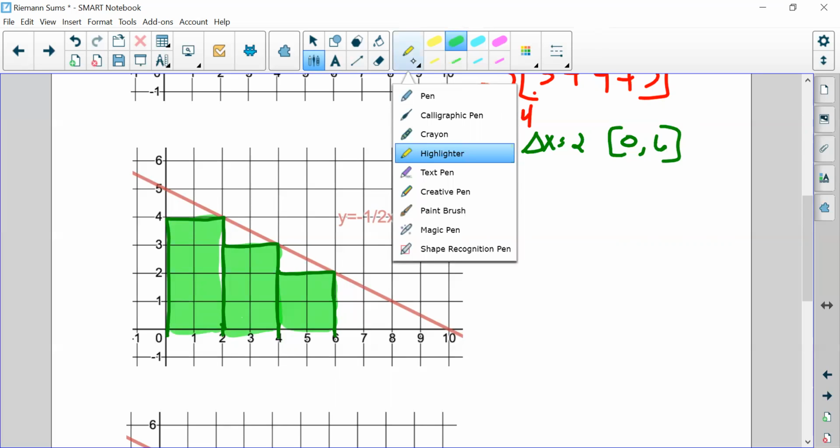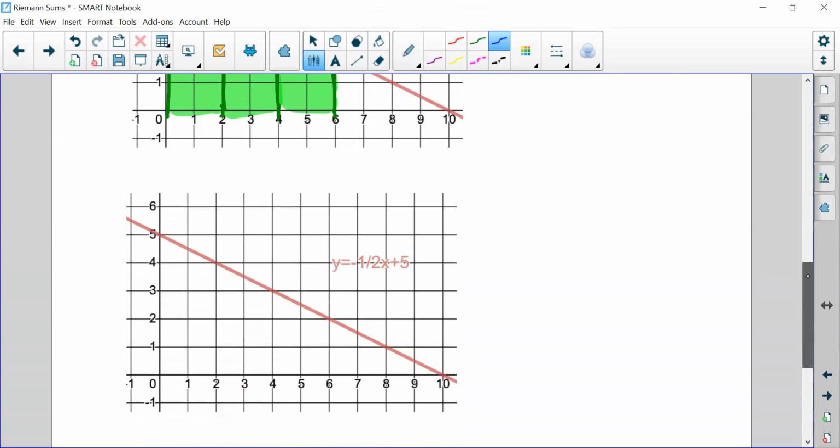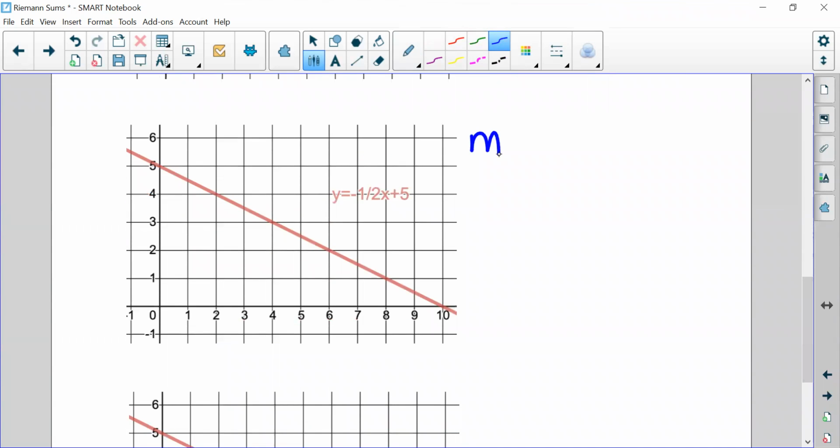Okay. Now do the midpoint of 3 rectangles. How do you think we're going to do this one? My delta x is the same, so my interval is from 0 to 6, and my delta x is still 2.